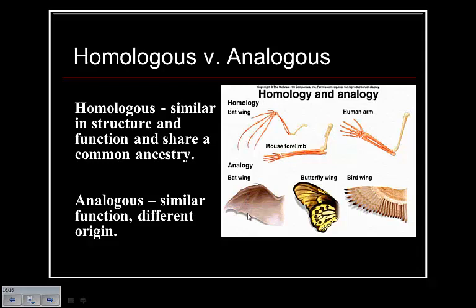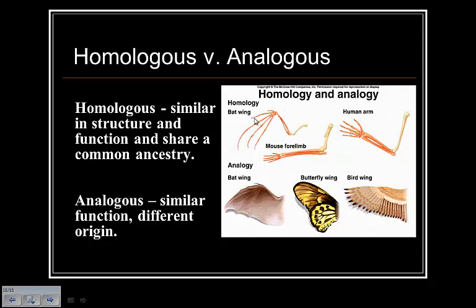An analogous structure is similar in function, but it has a different origin. So the bat wing has this structure, but a butterfly wing doesn't have any of that kind of structure, and a bird wing is very different, but they're all used for flight. Here you can have different functions.